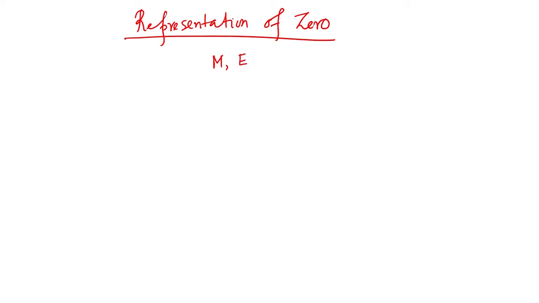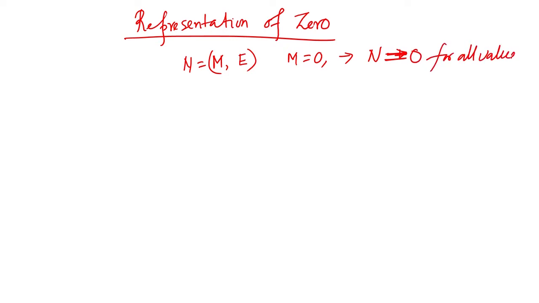Okay. So, if we have m equal to 0, this number will be 0 for all values of e, that is what I said.